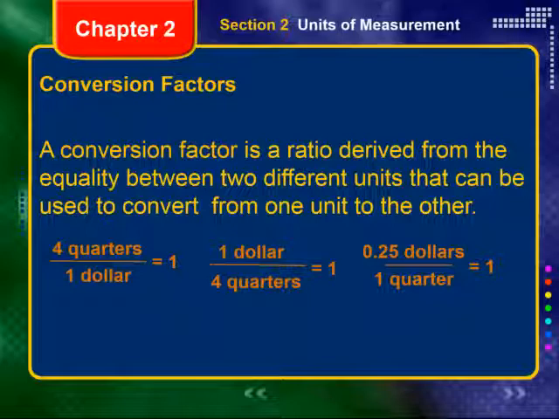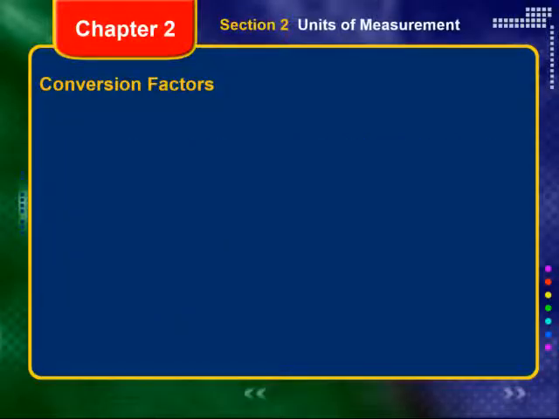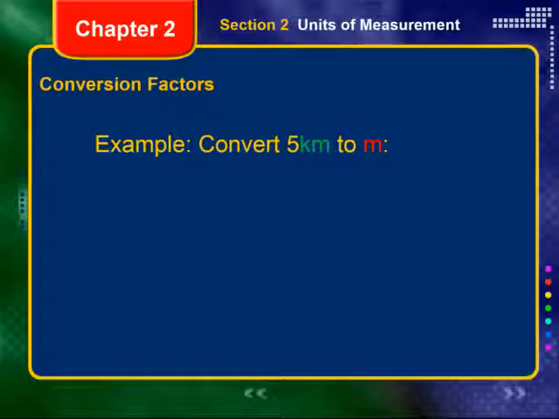So a conversion factor, when you divide it out, it has to equal 1, meaning the numerator has to be the exact same thing as the denominator. They have to be equal. So, for example, if I'm going to convert 5 kilometers into meters, I would take my 5 kilometers and I would create a conversion factor.